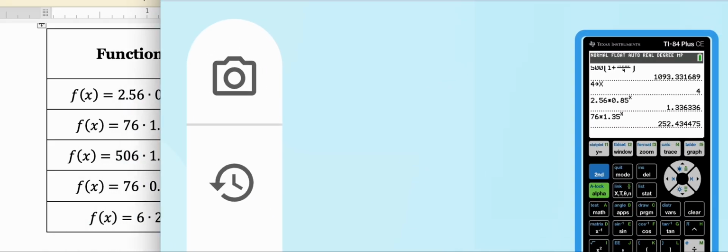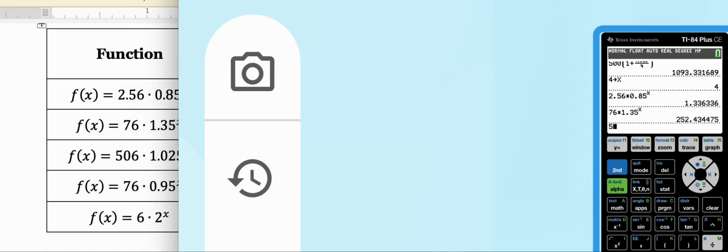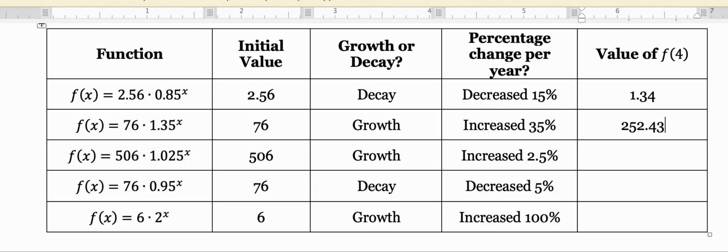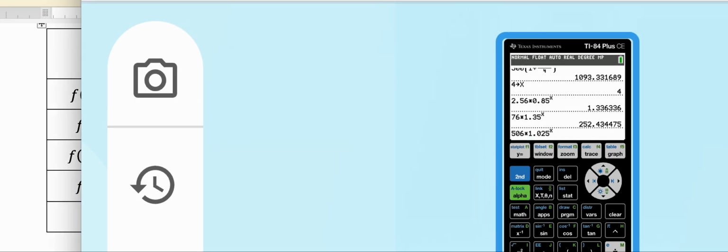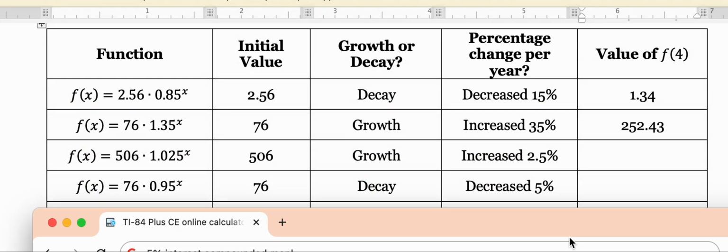And our next one is 506, right, times 1.025 to the x. Okay, and our answer to that is 558.53.